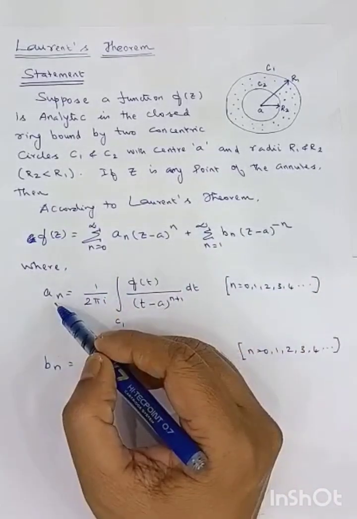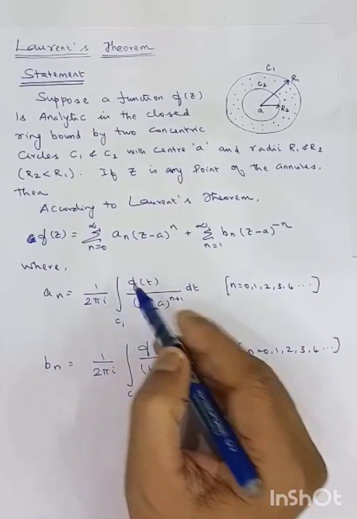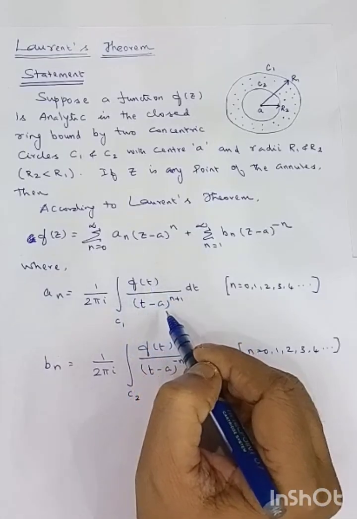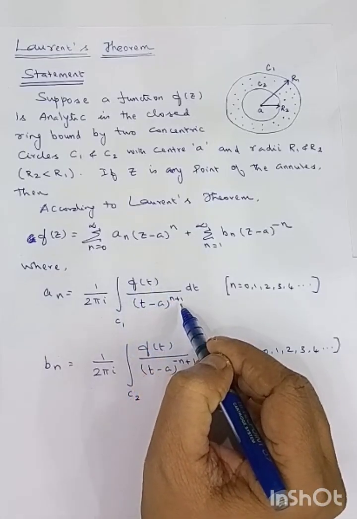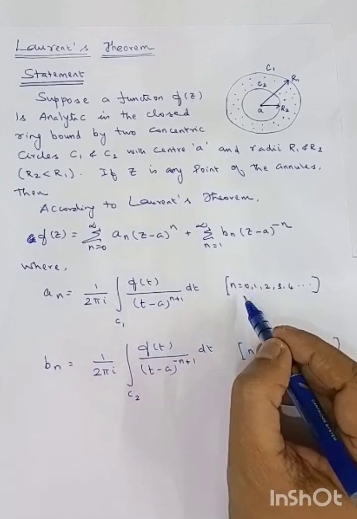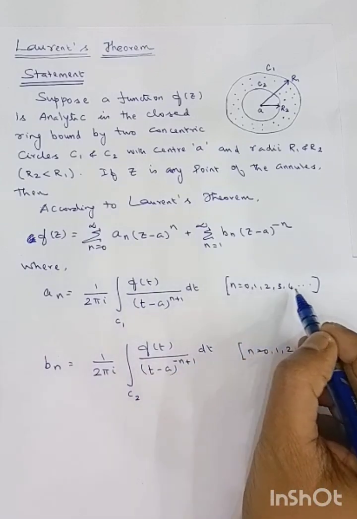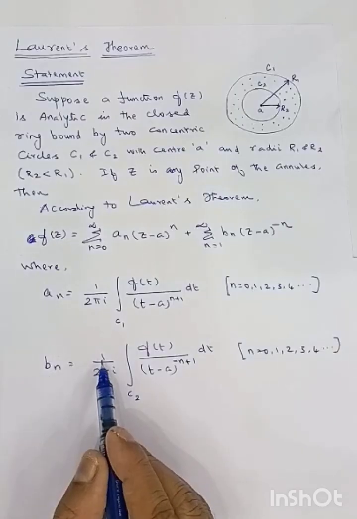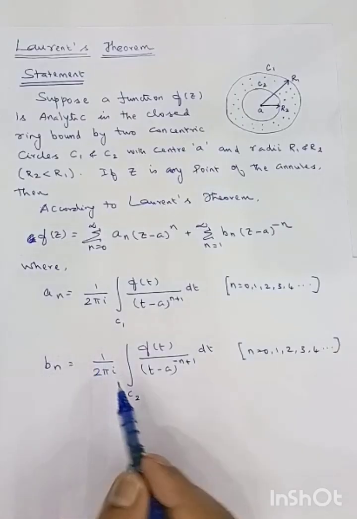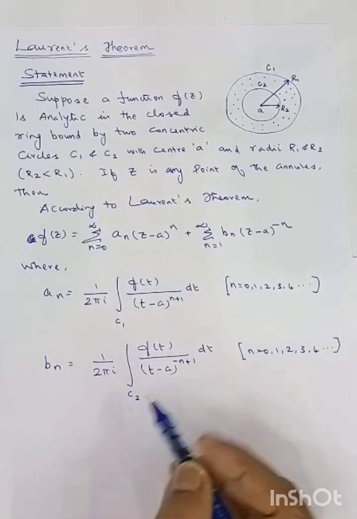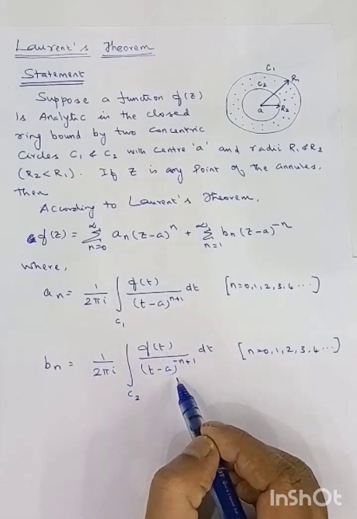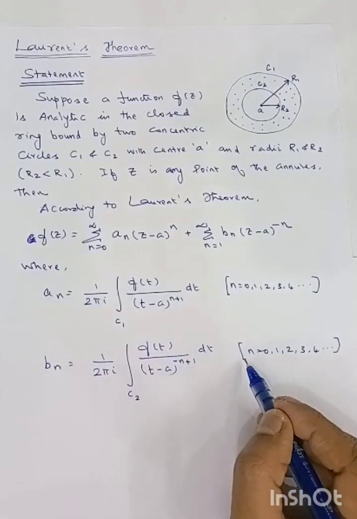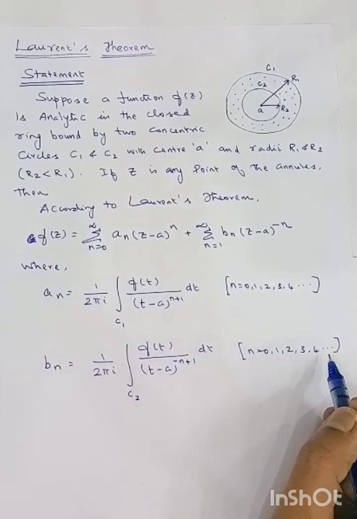Here a n is 1 by 2 pi i integral over C1 of f of t divided by (t minus a) whole power n plus 1 into dt, where n is 0, 1, 2, 3, 4, etc. Similarly, b n is another constant. Its value is 1 by 2 pi i integral over C2 of f of t into (t minus a) whole power minus n plus 1 into dt, where n is equal to 0, 1, 2, 3, 4.